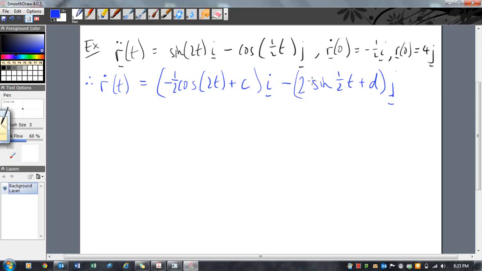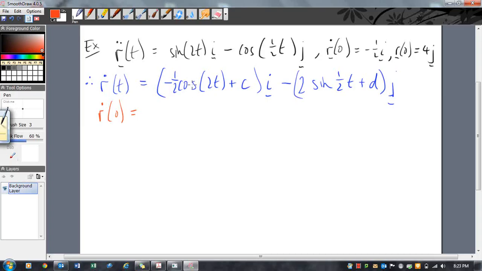Now we need to figure out what is c and what is d. How do we do that? We'll use our initial condition here, that r dot of 0 is equal to this. Okay, so in red, we know that r dot of 0 equals, so let's now substitute t is equal to 0. I'm going to do this quickly.